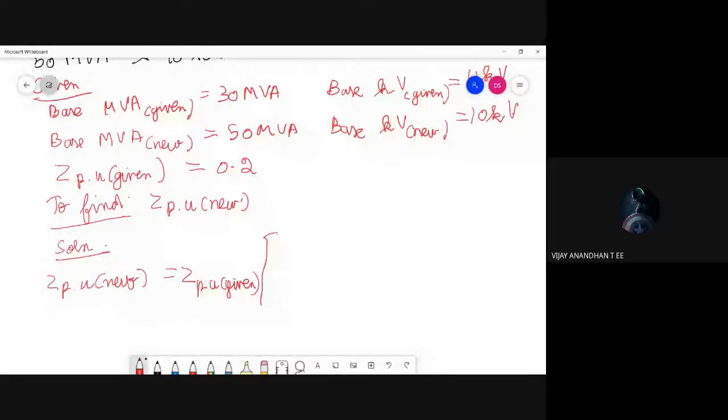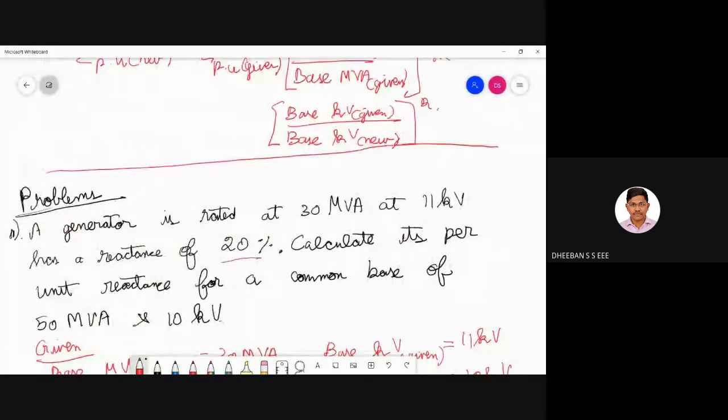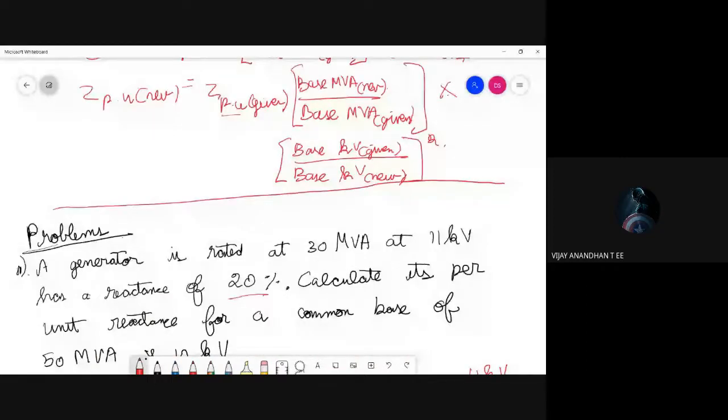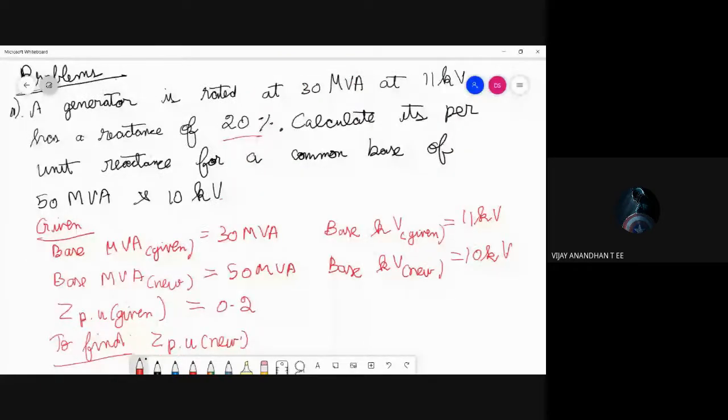Sir, they have given only the reactance value now, sir. Yes, so the reactance is the given value. It is the 20%, right? So you have to consider that to be the given value. Here they have given it in terms of percentage.